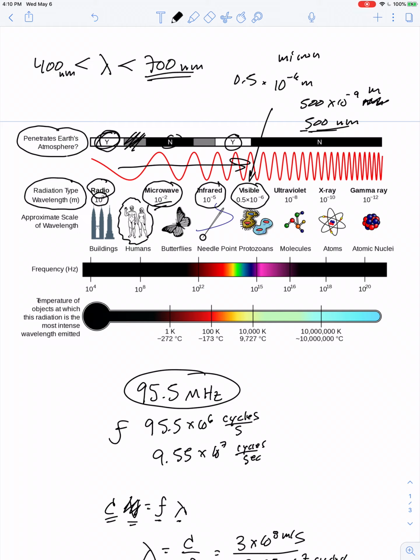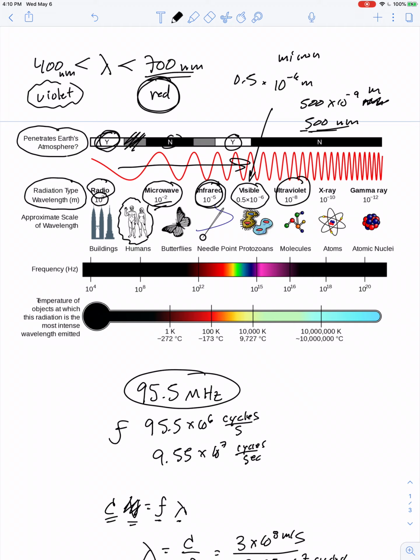So 700 nanometers is the longer wavelength, and that's the wavelength for red light. 400 nanometers is the shortest wavelength, highest frequency of visible light, and that corresponds to violet light. So any wavelength shorter than that of violet light is called what? Yeah, ultraviolet, right? Frequencies any greater than the frequency of violet light are ultraviolet, and in the same regard, frequencies lower than that of red light are infrared.